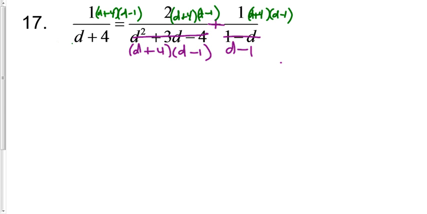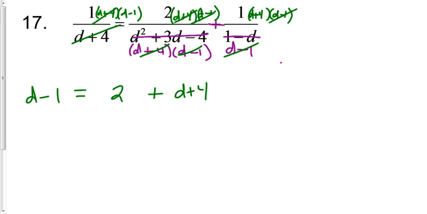So in the first fraction, d plus 4 cancels out, and I have 1 times d minus 1. Equals, the d plus 4 and the d minus 1 cancel out in this fraction. I just have 2, what's left on the top, plus the d minus 1s cancel out, and I have 1 times d plus 4. So by canceling out those fractions, we get a pretty easy equation to solve here.